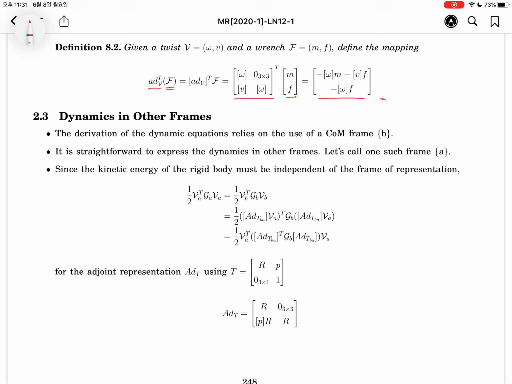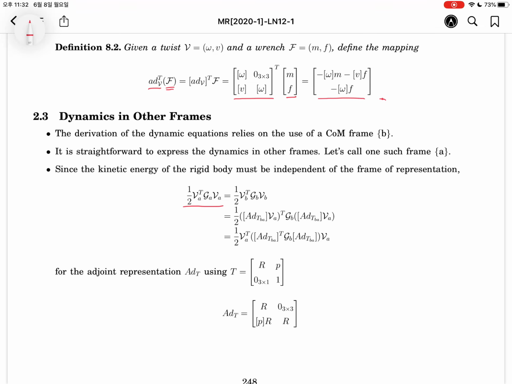Okay, the energy is independent of the coordinate frame. So in the case of frame A, we can write down the total energy using GA and VA, the body twist.